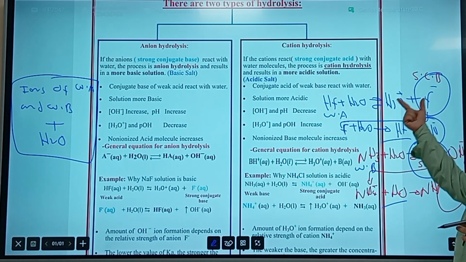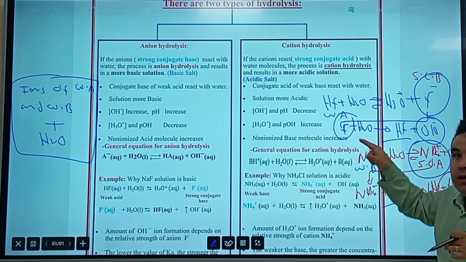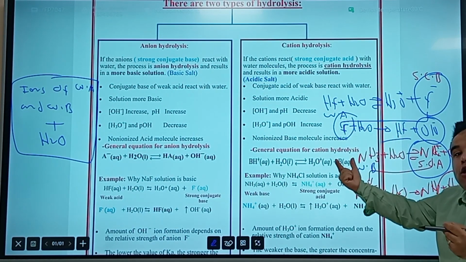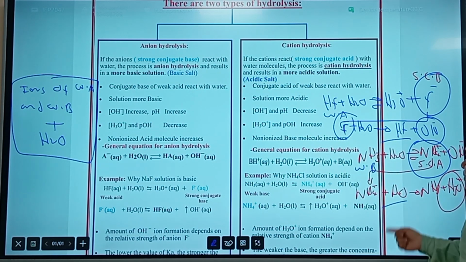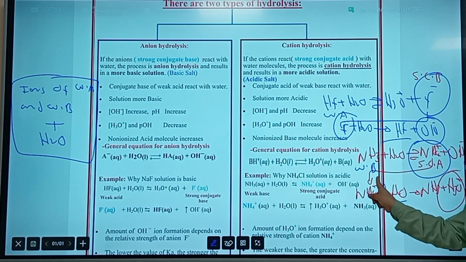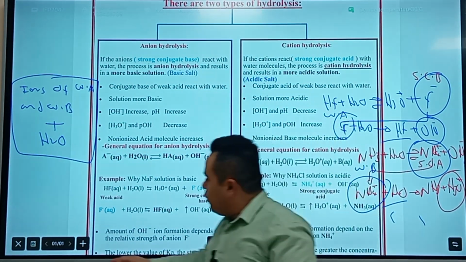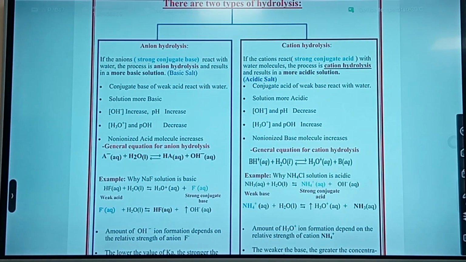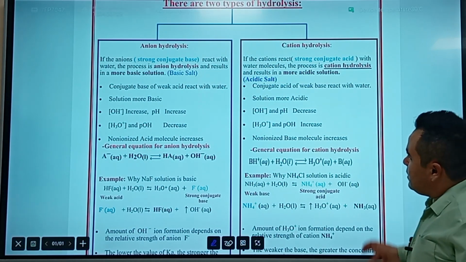If it is a strong conjugate base, the type of hydrolysis will be anion hydrolysis, because the anion reacts with H2O. If it is from the weak base, which gives a strong conjugate acid, the ion which reacts with H2O is the cation. That's why we call it cation hydrolysis. Simply, that was a simple explanation.